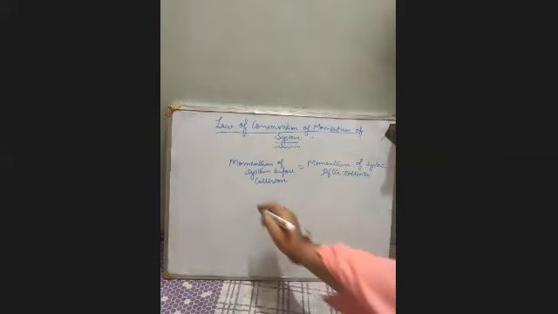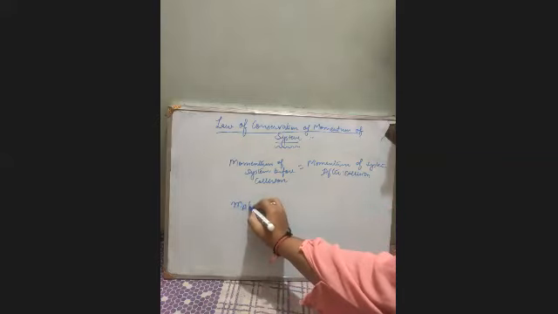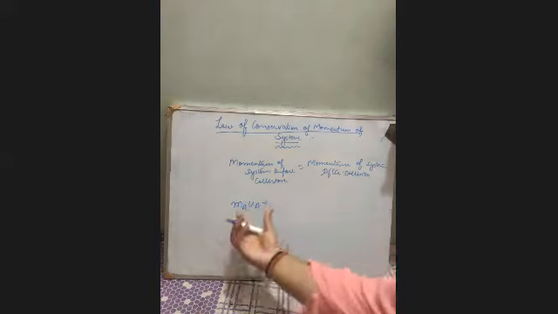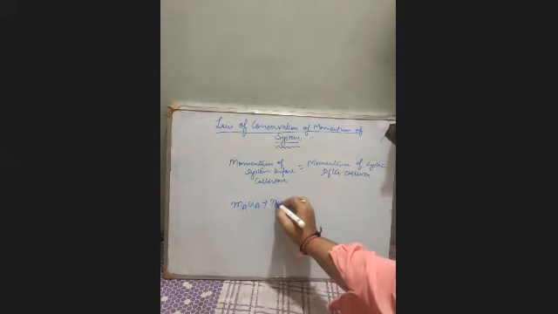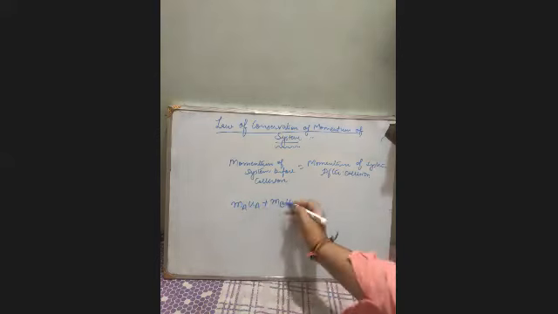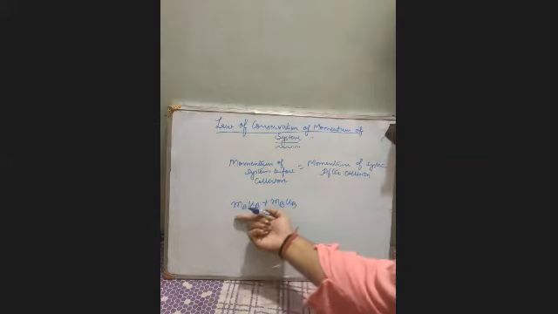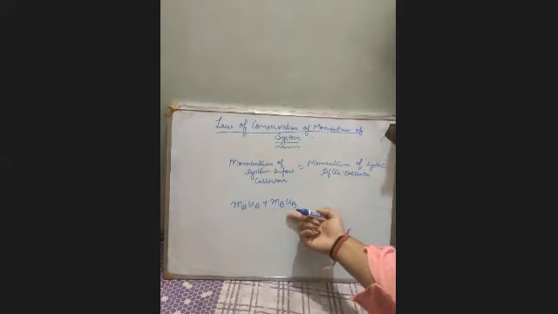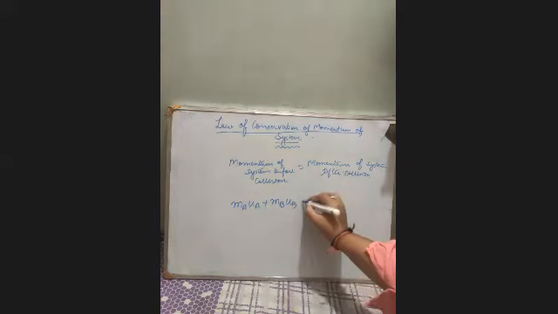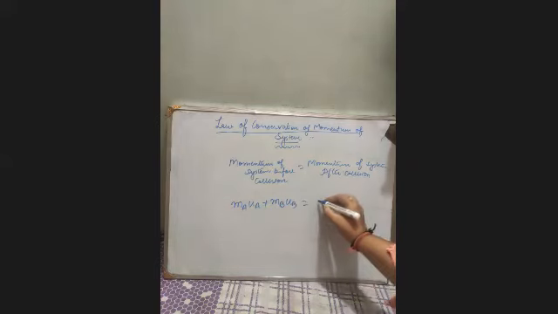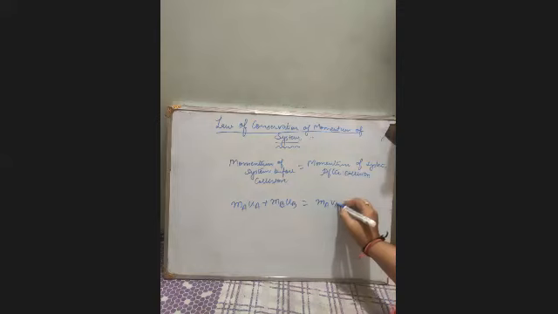This law states that MA UA, this is the momentum of A, plus MB UB, this is the momentum of B, and this whole term is when we are considering before collision. And after collision it becomes MA VA plus MB VB.